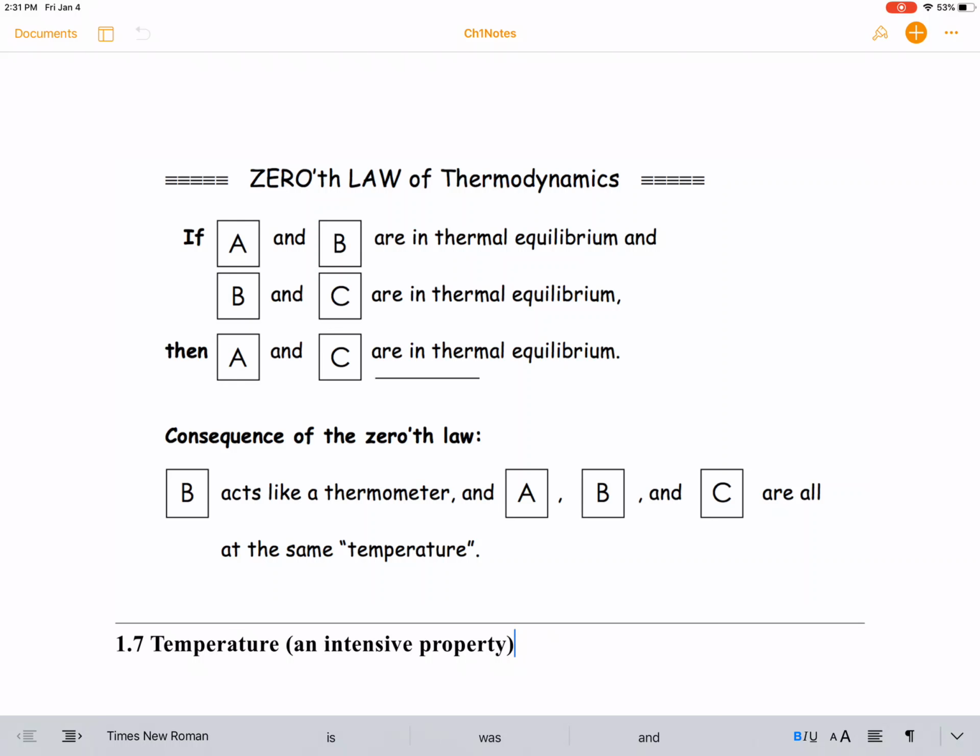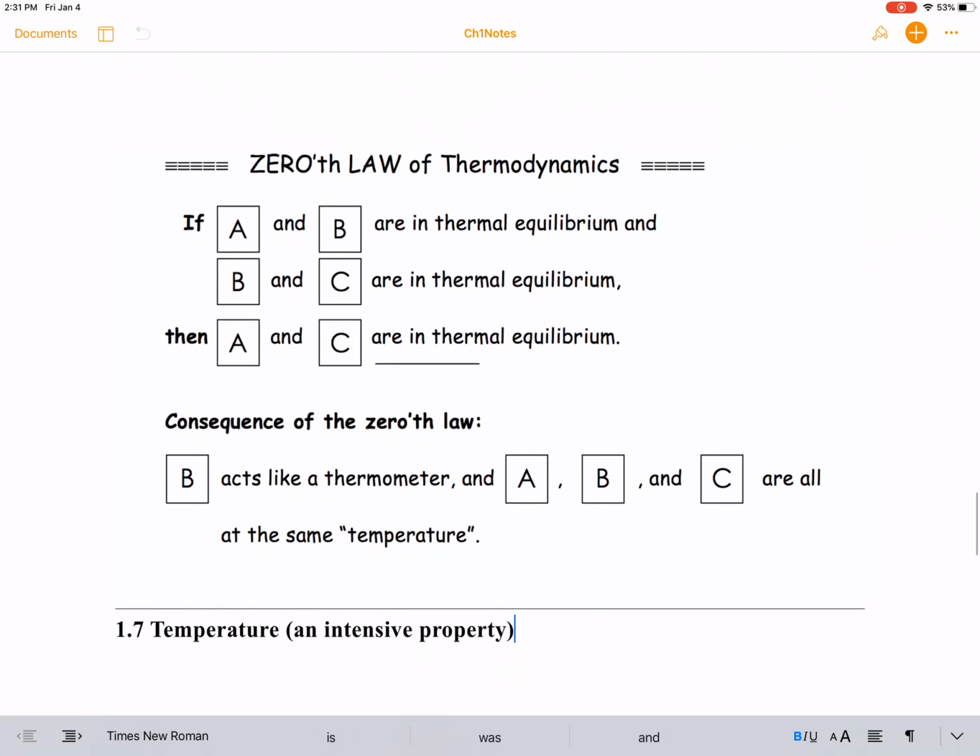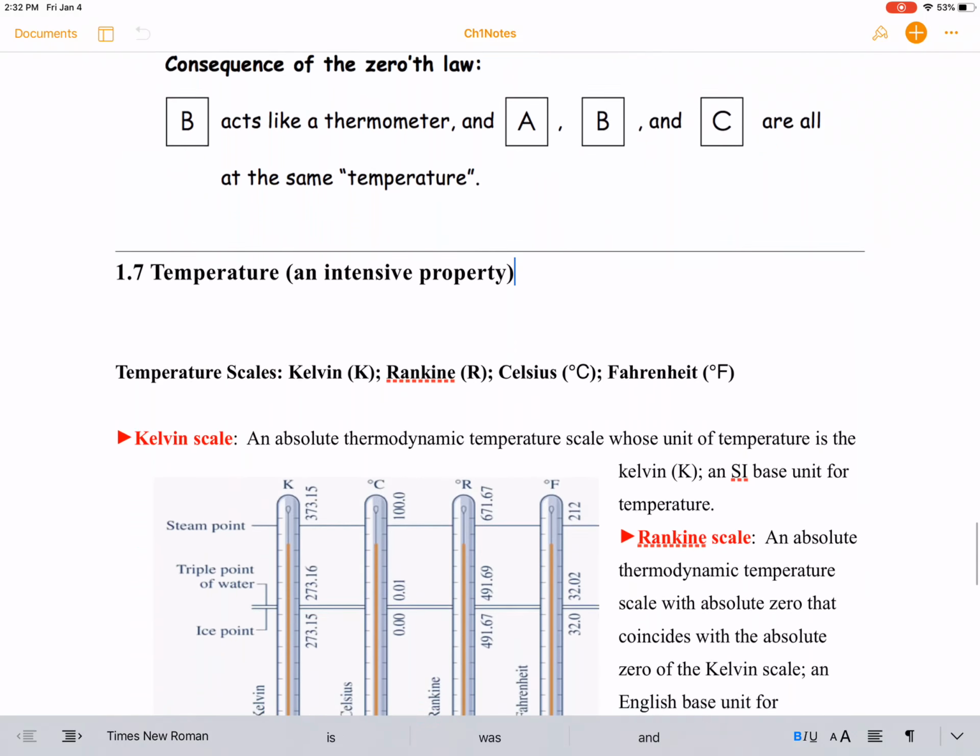The 0th law of thermodynamics: if A and B are in thermal equilibrium, and B and C are in thermal equilibrium, then A and C are also in thermal equilibrium. And so we say that B is acting like a thermometer, and that A, B, and C are all at the same temperature. That is the 0th law of thermodynamics. It's also sometimes called the common sense law.